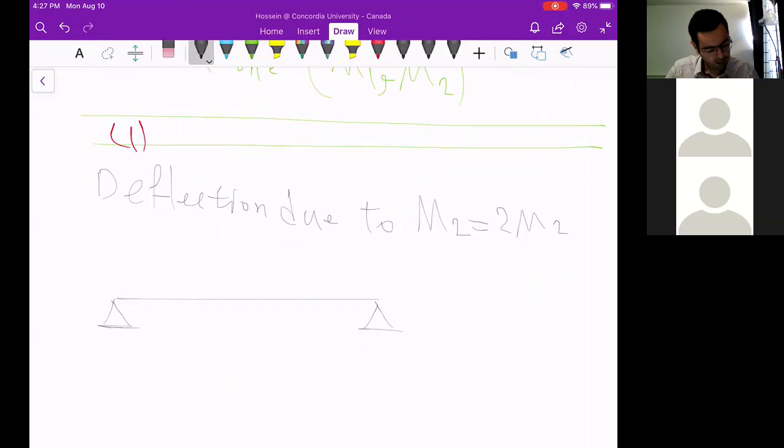The first mass, effect of the first mass on the left point.